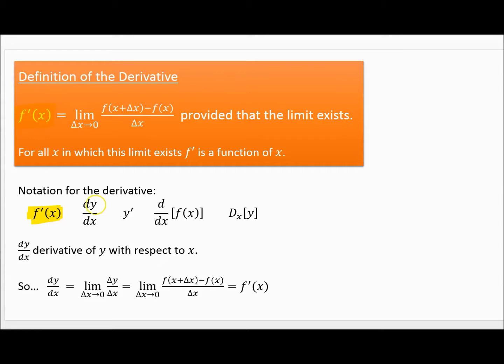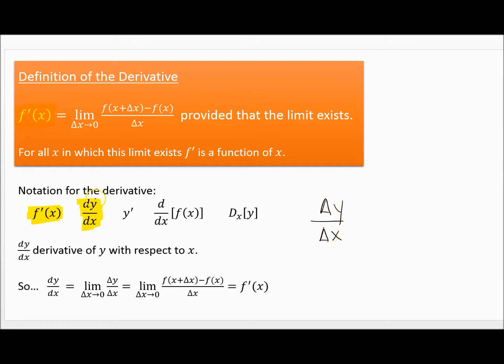You will also see dy over dx. That comes from the idea of delta y over delta x, the change in y over the change in x. And it's a rate, okay? And remember, the slope is simply a rate, the change in y over the change in x.